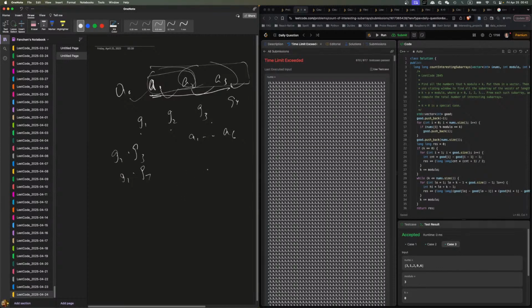We have the starting one, and then we'll plus modulo. We have many modulo, and then they all be like this, right?